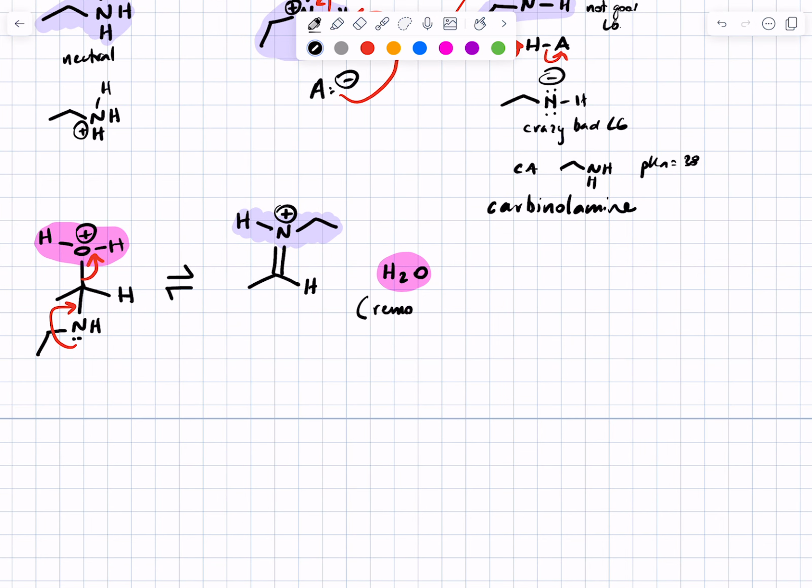If you remove the water, you can use Le Chatelier's principle to drive the reaction forward. And there are some specific techniques that you can use in the lab to do this. One of them that you will use in the 353 lab is to use some kind of setup that absorbs water. So there are some salts like magnesium sulfate or calcium chloride that are what's called hygroscopic. They absorb water, and you can use them to help drive reactions like this forward.